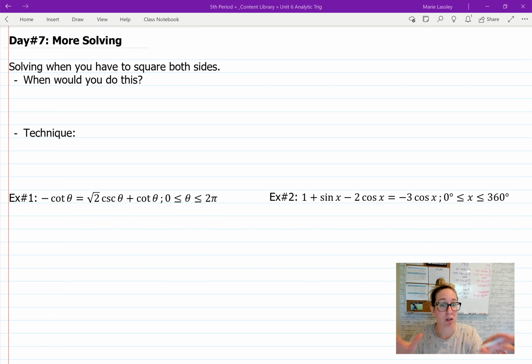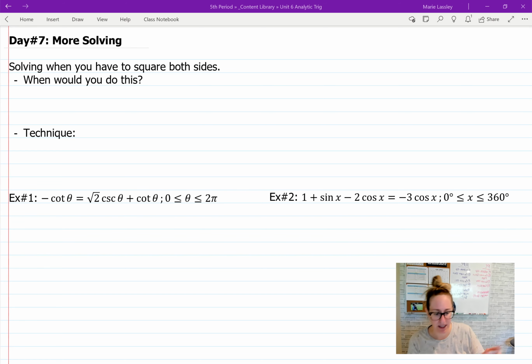All right, so when would you do this? You would do this anytime you have multiple trig functions and nothing is squared and you think a Pythagorean identity could help. Really, it's kind of a last resort, right?